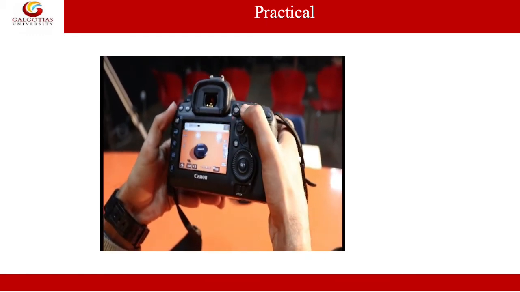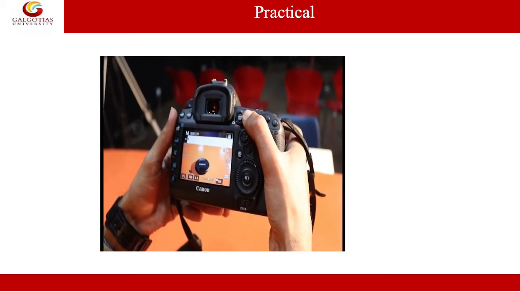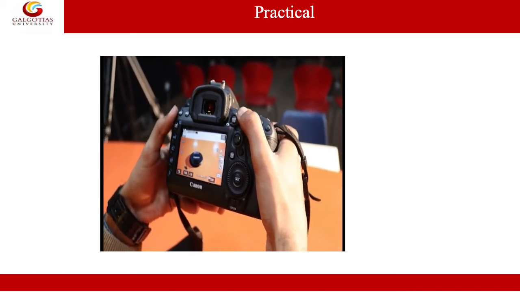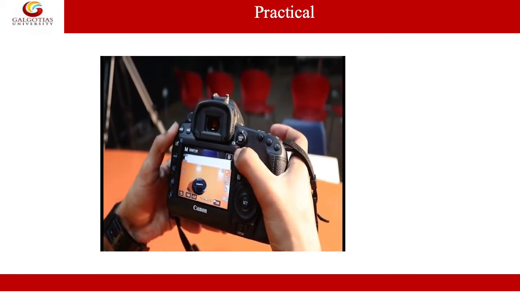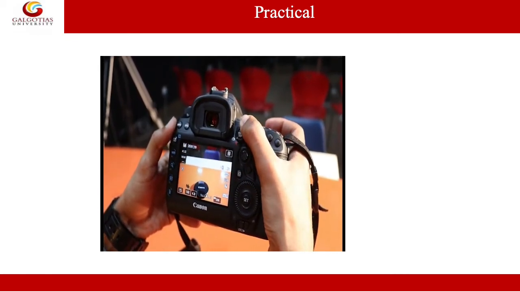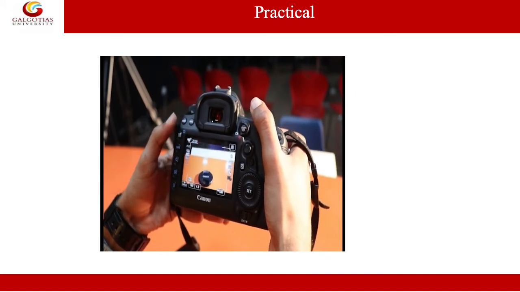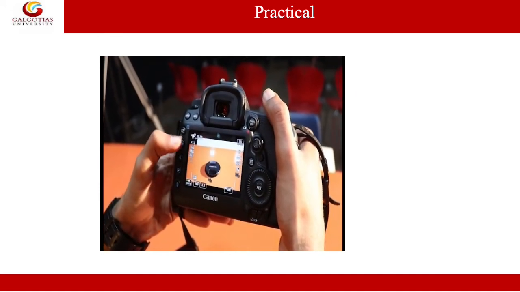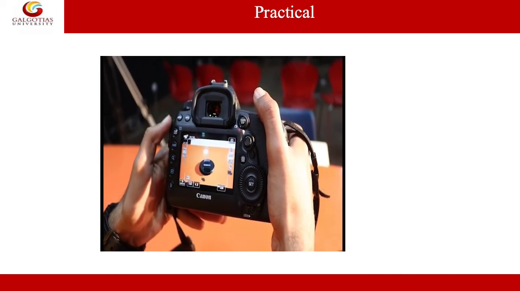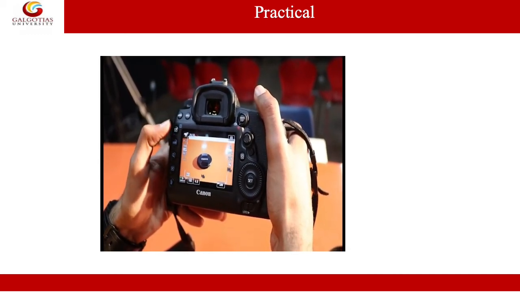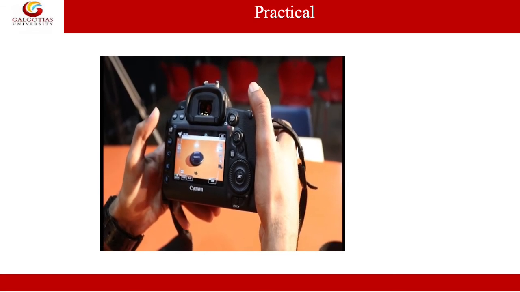Now we will see how to record videos using this camera. You need to set your mode from still to the recording button. You just need to switch this mode, and as you can see, your aspect ratio changes, and the camcorder image appears, which shows you that your camera is set on recording mode.